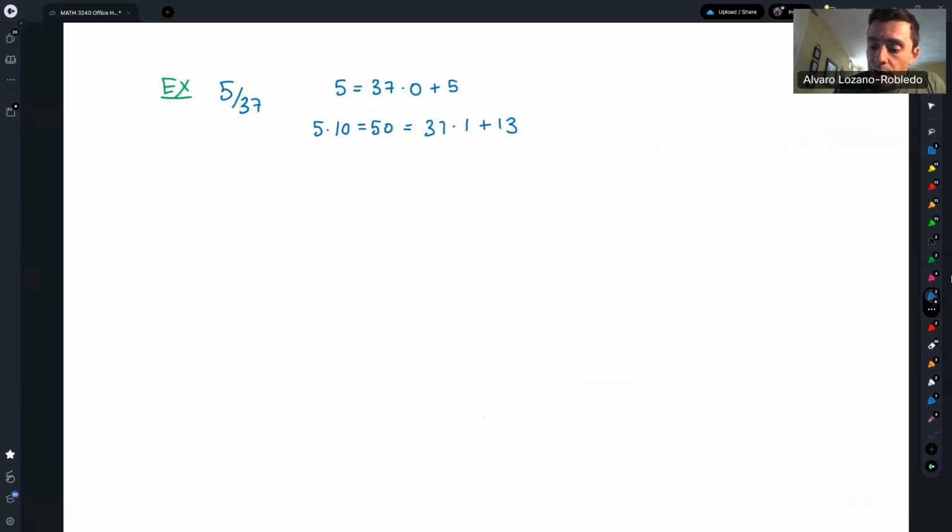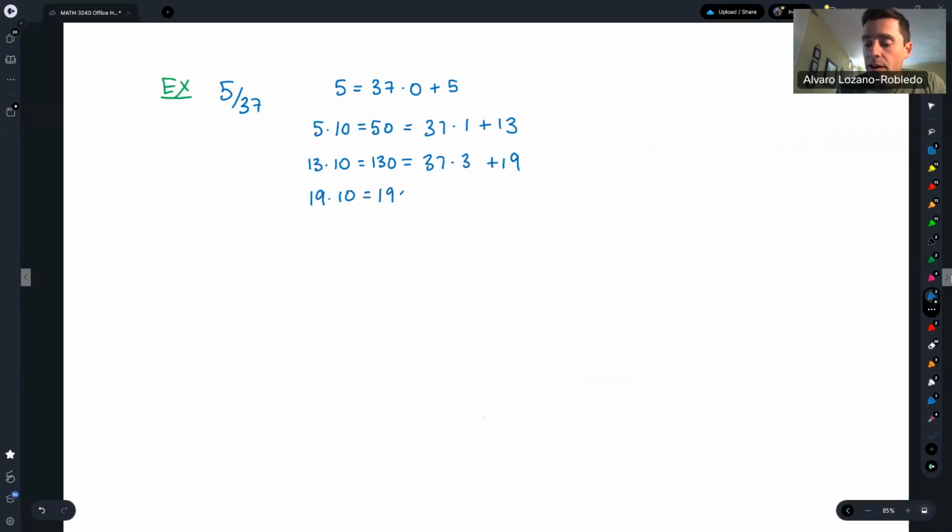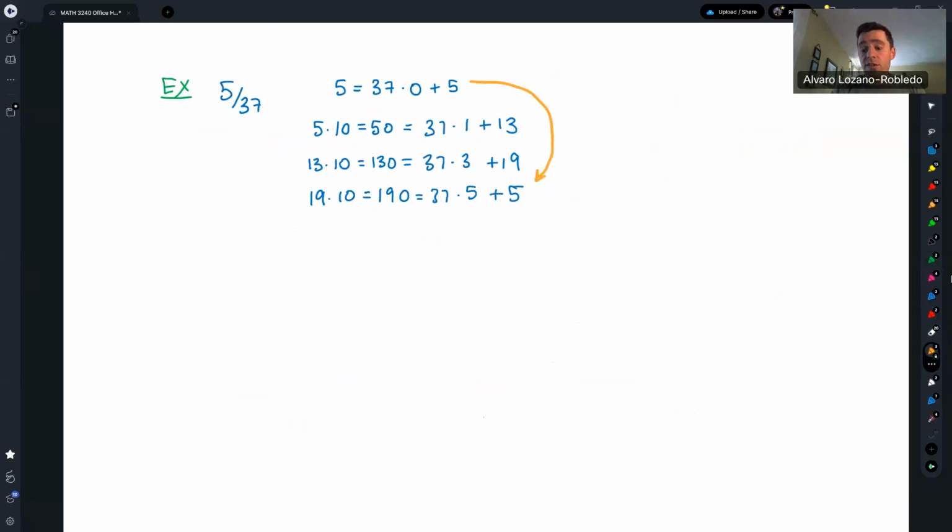Then take 13 times 10, that's 130, and divide by 37, that is 37 times 3 plus 19. Okay, no repetition yet. Then take 19 times 10, that is 190, and that is 37 times 5 plus 5. And now we see the repetition here.